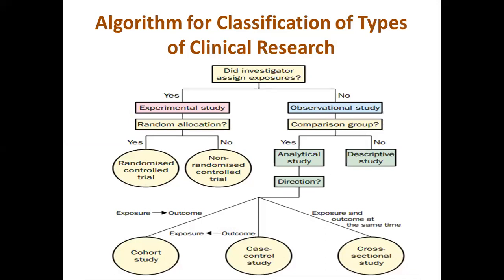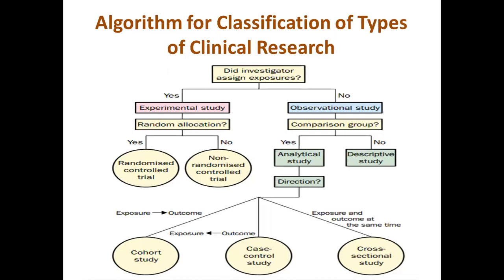If I am assigning exposures as an investigator, then it is an experimental study, and if not, then it is an observational study. For today's discussion, we need to know about the experimental study, because the whole clinical drug development pathway has to do clinical trials, and that is the experimental study.